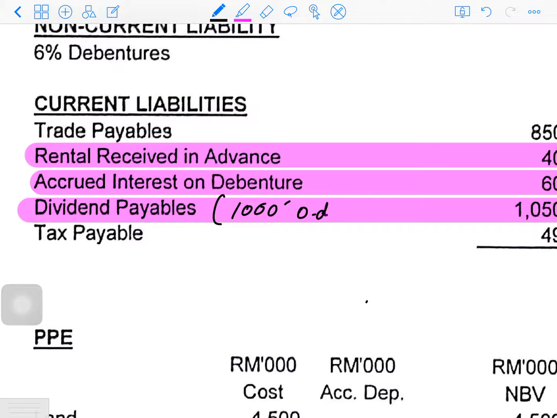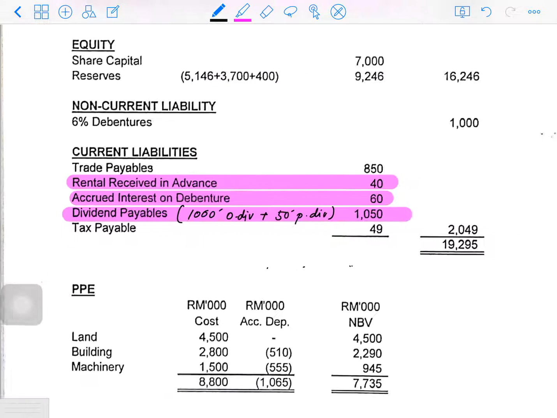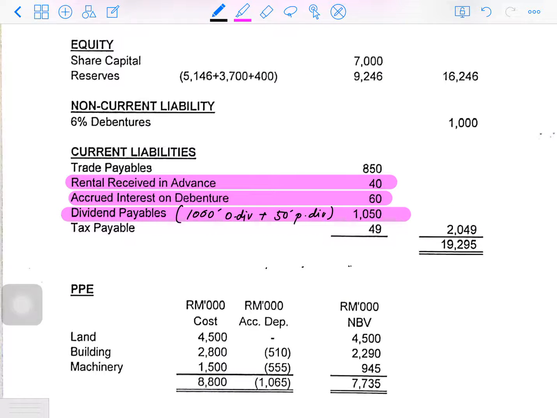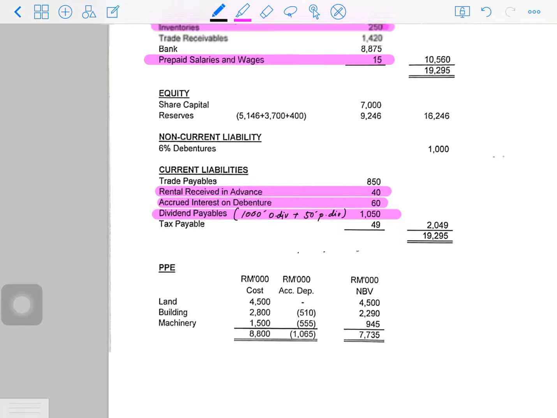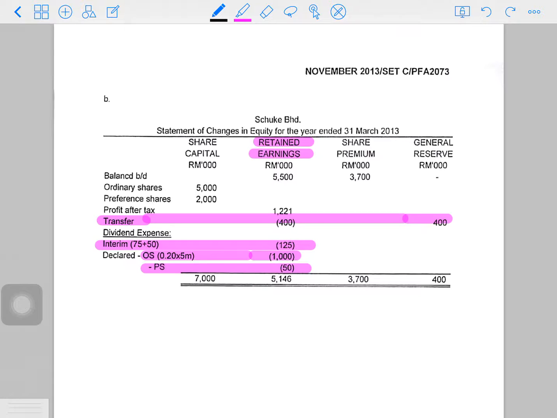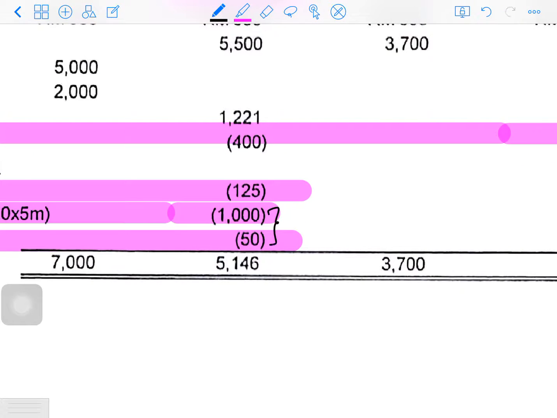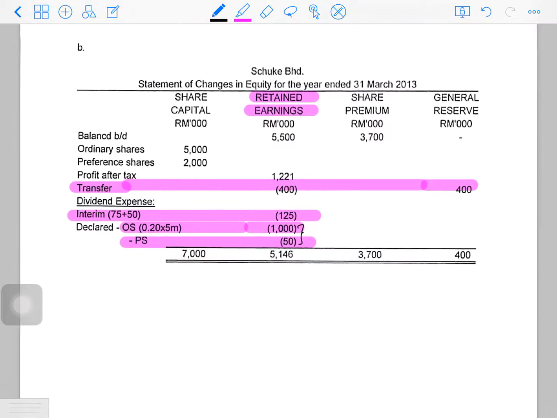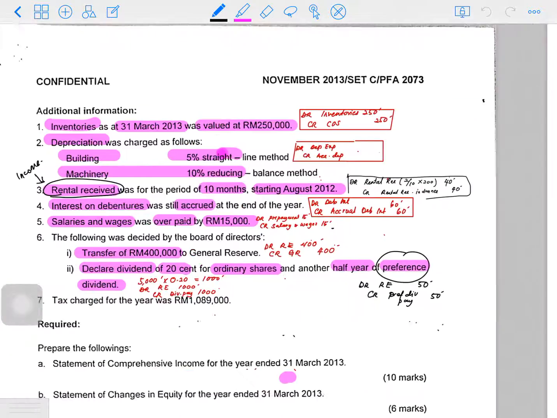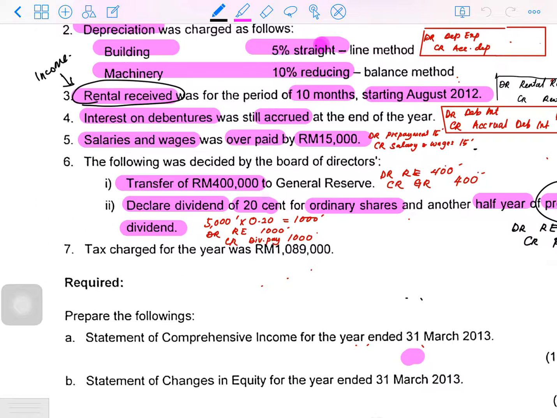You get 1,050. Both of these will be included in the financial position. Next, we have additional information with regard to tax.